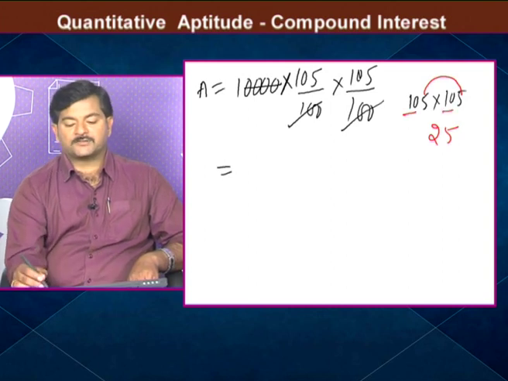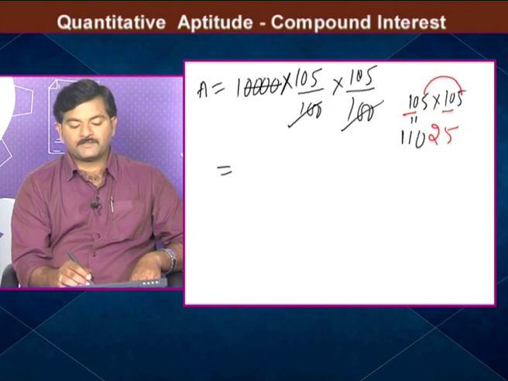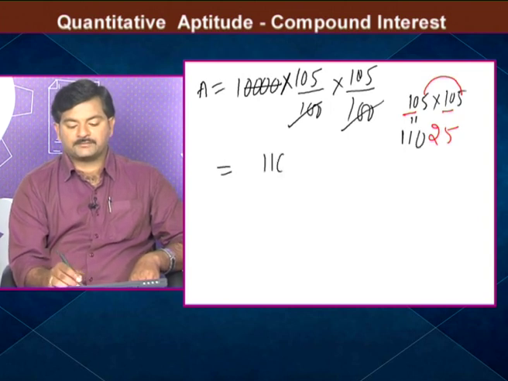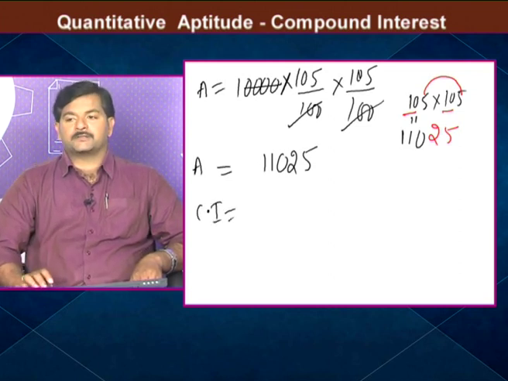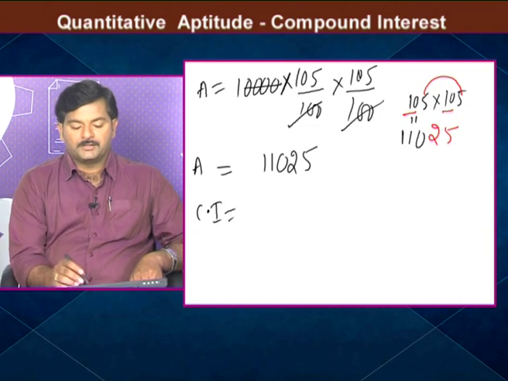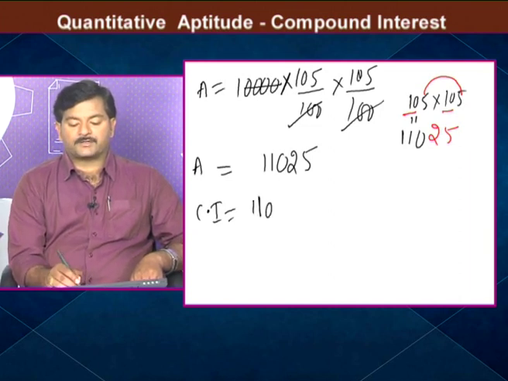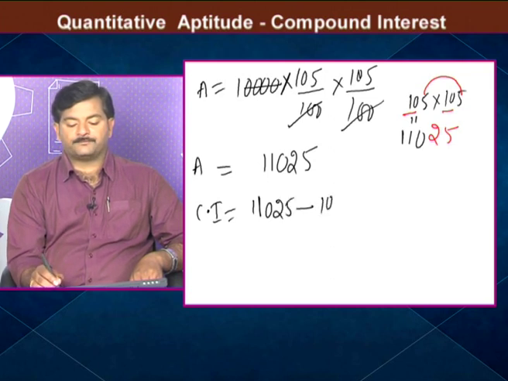The number after 10 is 11. 10 elevens are 110. Simply 11,025 rupees. This is the amount, but here I have to find the compound interest, not the amount. So from 11,025 we subtract 10,000. What am I getting?